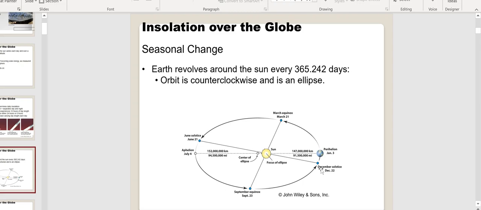So you might say to yourself, why is it that when the Earth is closest to the sun, we in the northern hemisphere are during winter? Well, it does not have to do with the proximity of the Earth to the sun. It has to do with the angle of the sun's rays.